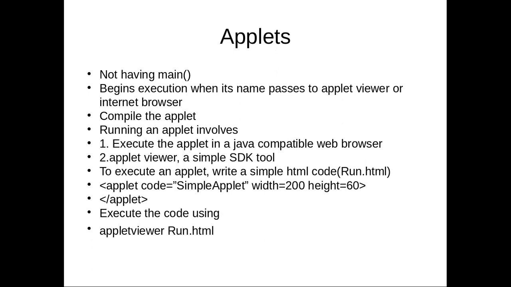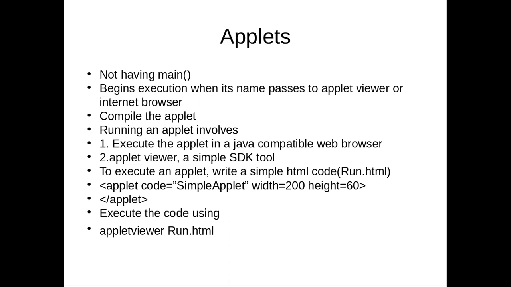After creating this run.html, if you are using a Java-compatible web browser, you need to open run.html. That only is needed. The applet viewer is a simple software development kit tool, an SDK tool, that comes with the JDK.